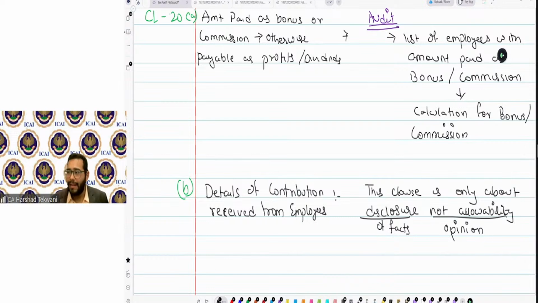So you might already have seen that section 36(1)(va) permits deduction of any sum received by the assessee from any of his employees to which the provisions of section 2(24)(x) are applicable, if it is credited by the assessee to the account of the employees in the relevant statutory fund on or before the due date. So the deduction is only allowed if it is deposited on or before the due date.